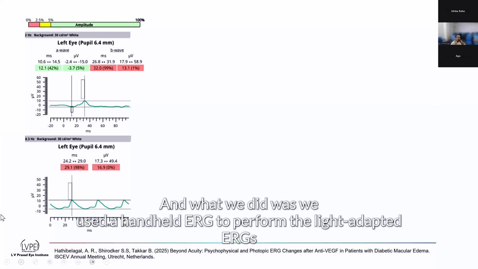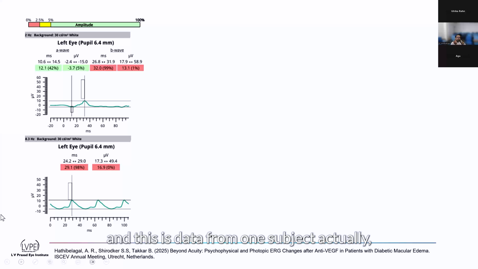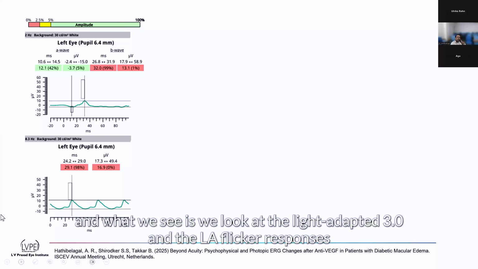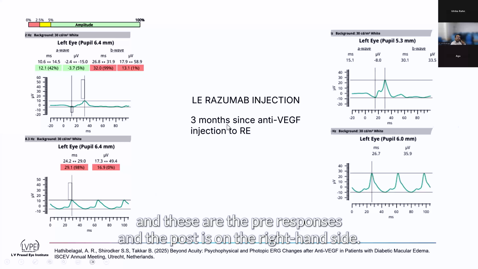We used a handheld ERG to perform the light adapted ERGs, and this is data from one subject. We look at the light adapted 3.0 and the LA flicker responses; these are the pre responses, and the post is on the right hand side.